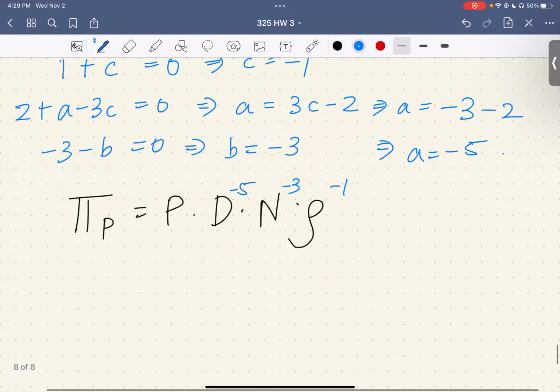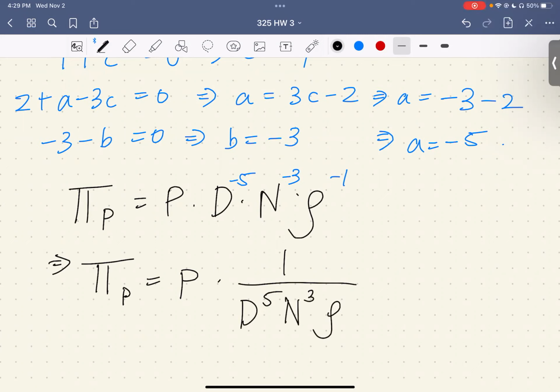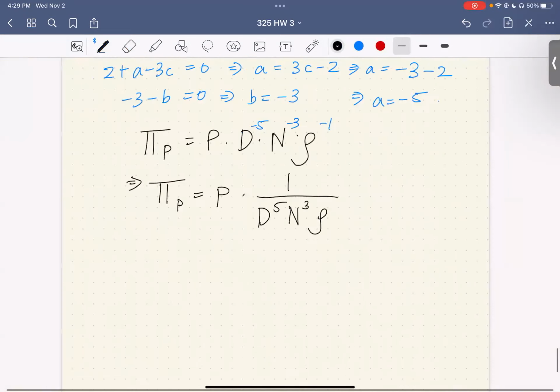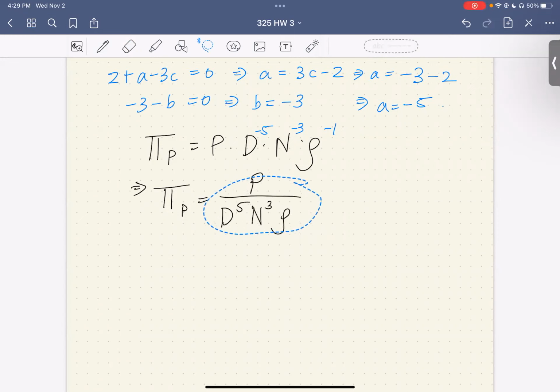Negative 1, okay. So that means this dimensionless parameter is going to be power times 1 over D to the 5, N to the 3, and rho to the 1, rho, right? So here we have our first parameter, and we can just move this over, P. There we go.